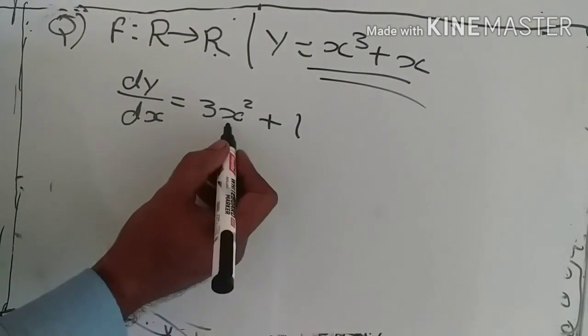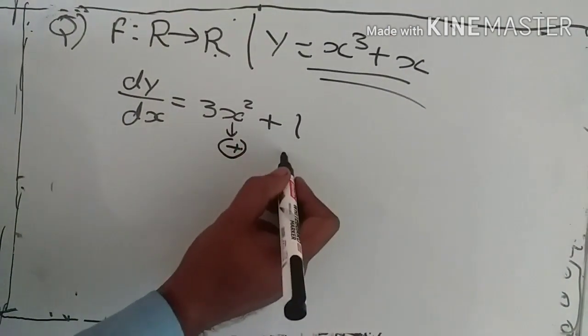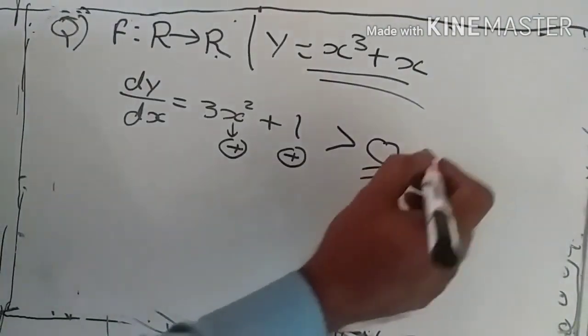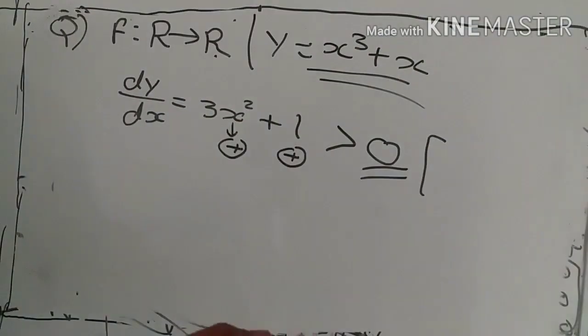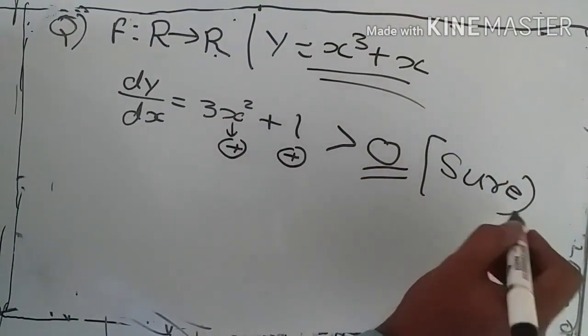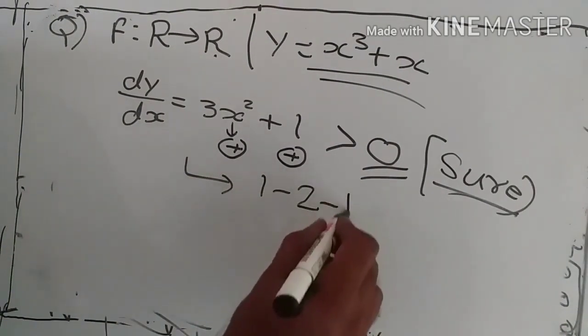The x square, the square of a real number, is always positive. Here plus 1 is positive. So this is greater than 0. This is sure. So function is 1 to 1.